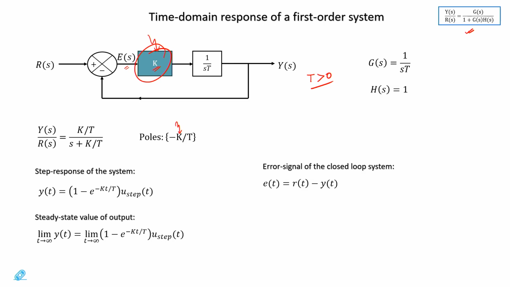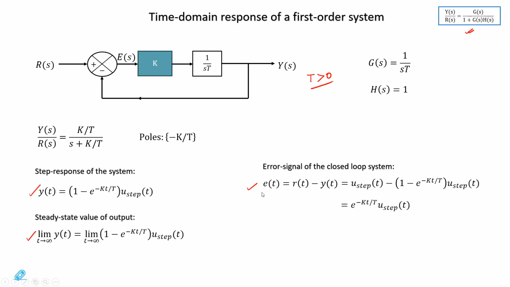Okay, coming back to what we were discussing. Here you see, as soon as I put a k here, I would like you all to take it as an assignment to find out the step response of this system where the k block has been introduced. The controller block, the constant gain block, has been introduced, and as a result you should get the step response, steady state value and the error signal values.